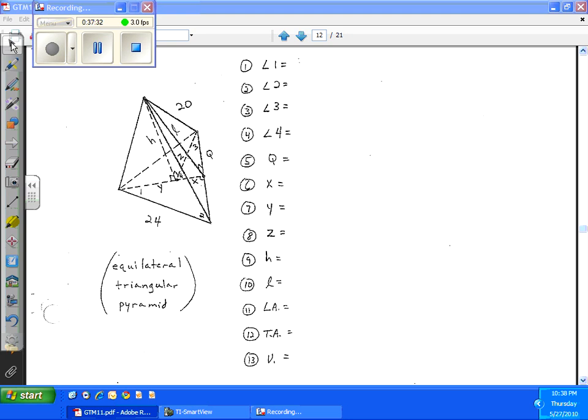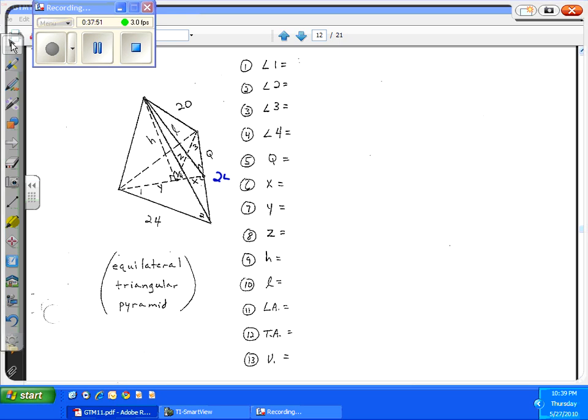And again, it's the same exact thing. So here we go on page 297, all the pieces and parts of the equilateral triangular pyramid. Okay, angle 1. The base, remember, is an equilateral triangle.